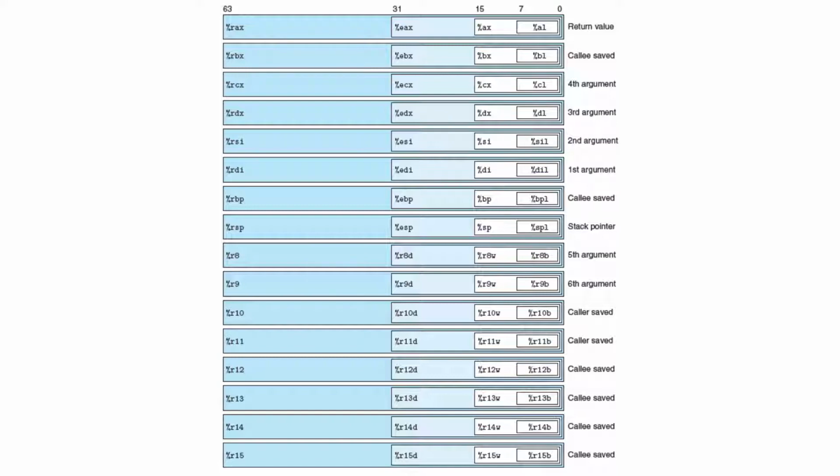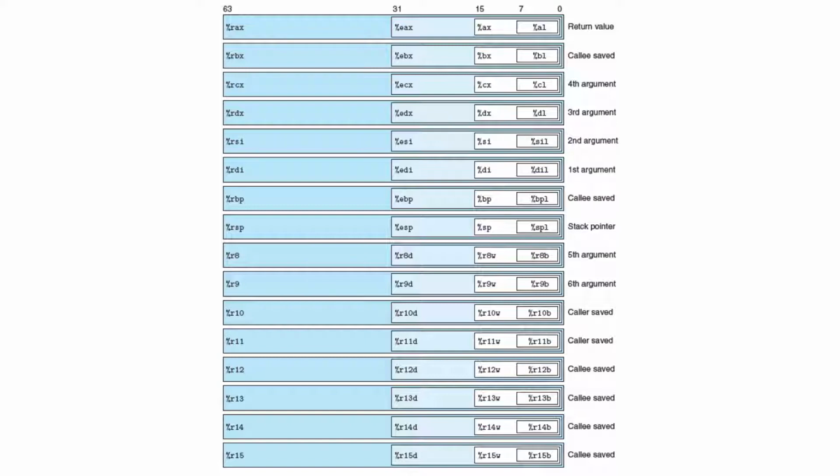The second argument would go into RSI. Something to keep in mind is RSP, our stack pointer. That's really important. We kind of want to stay away from that because that takes care of allowing us to use the stack for procedure calls and nested procedures and things like that, which, again, we'll get into later on in the videos.